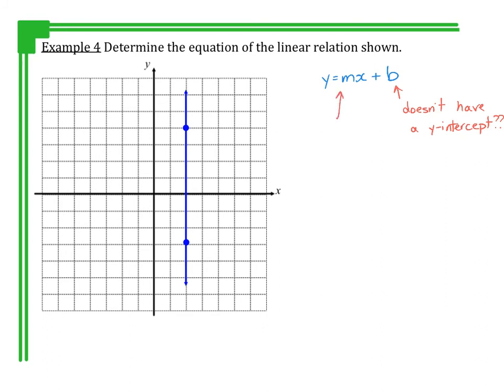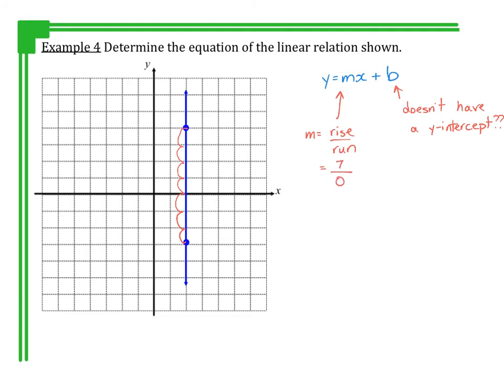Now let's consider the slope, okay? The slope of this line, if we use rise over run, gives us a special case also. When I move from one point to the next, I would rise 1, 2, 3, 4, 5, 6, 7 units, but I wouldn't run at all.